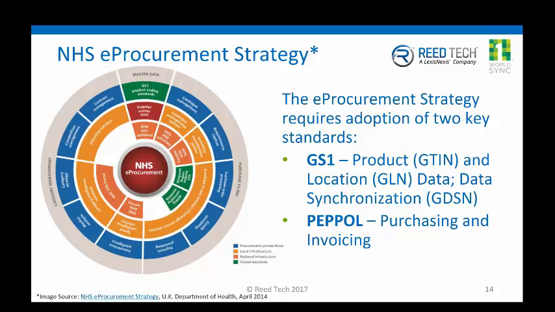So we're not covering PEPL in this talk. This is all related to GS1, GDSN, but I just wanted to ensure that folks who are perhaps new to eProcurement in the UK are aware there's another piece to that puzzle.